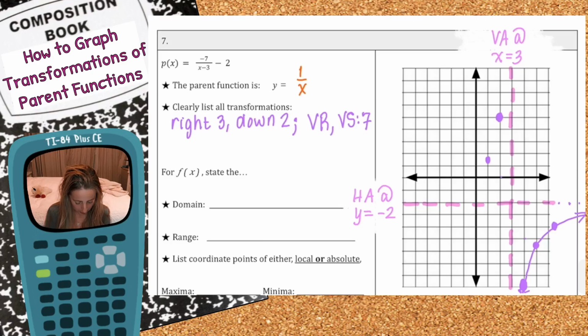Over 3.5 negative and up 2. That's 4, 5, 6, 7 and up 1. You can see the points better on this branch, obviously. There we go. Beautiful.